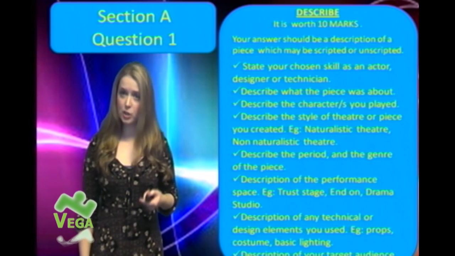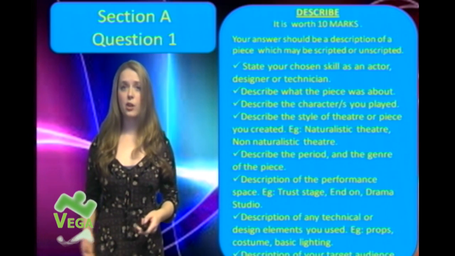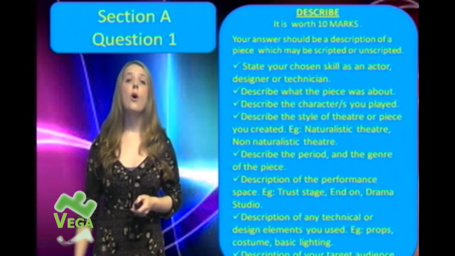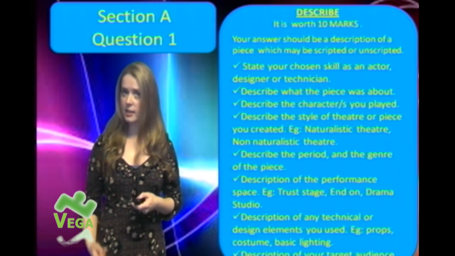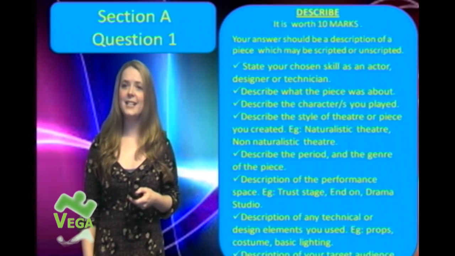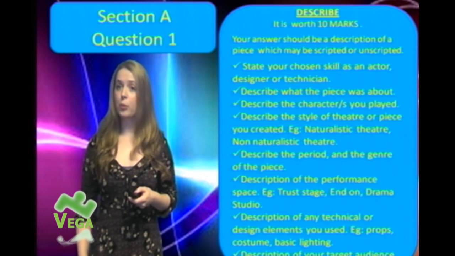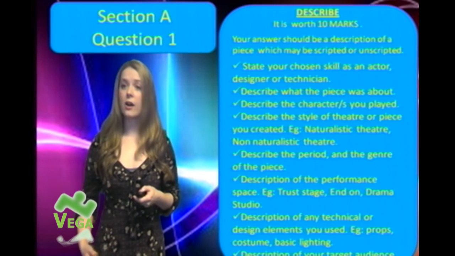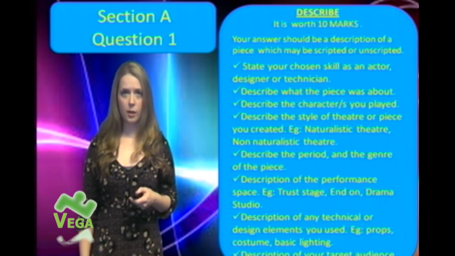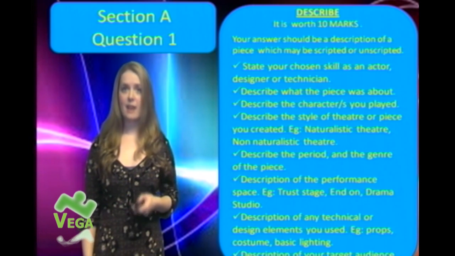You must give a description of your performance space, for example, a thrust stage, whether your piece was performed end-on and you had the audience in front of you, or whether you were performing or rehearsing in the drama studio. You must give a description of any technical or design elements you used, for example, the props, the costume or the lighting. And you must be clear on your target audience. For example, when you created your theatre and educational pieces, you aimed it at Year 7s.